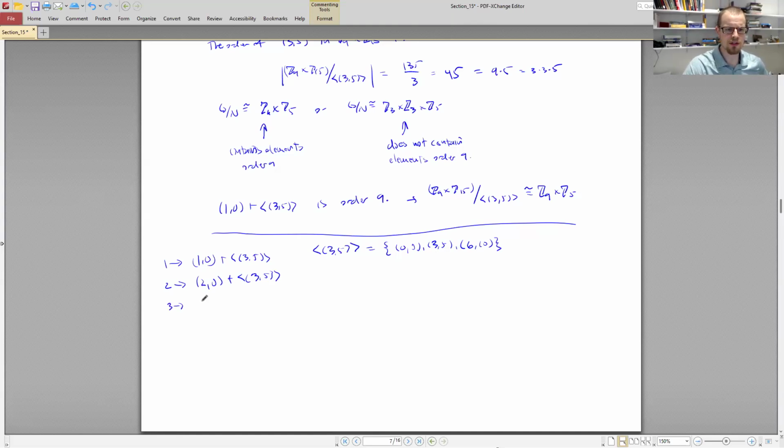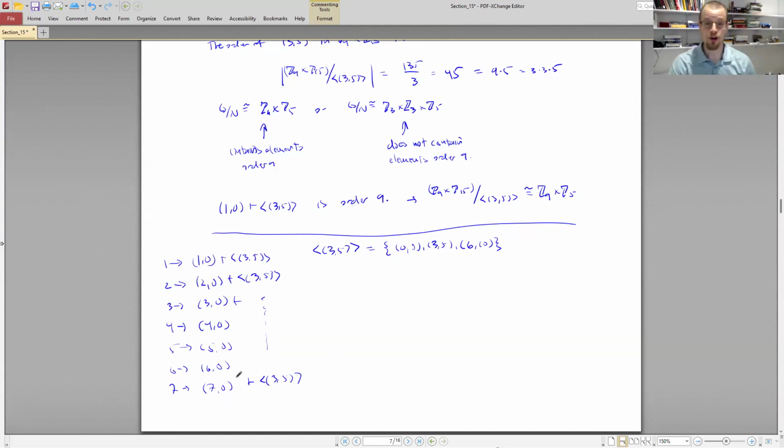So 3 gives me (3, 0), 4 is going to give me (4, 0), 5 is going to give me (5, 0), 6 is going to give me (6, 0), 7 is going to give me (7, 0). I have all of these things still here as well, because these are all cosets.